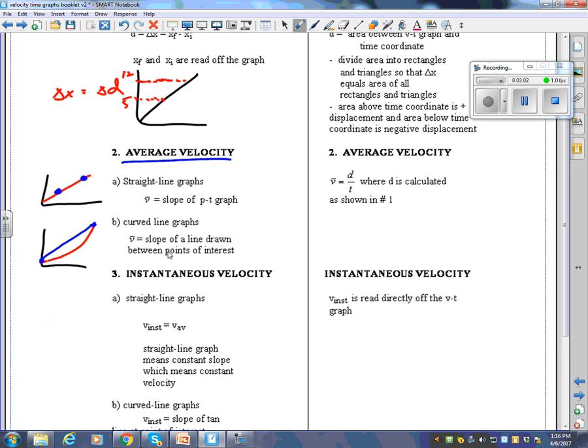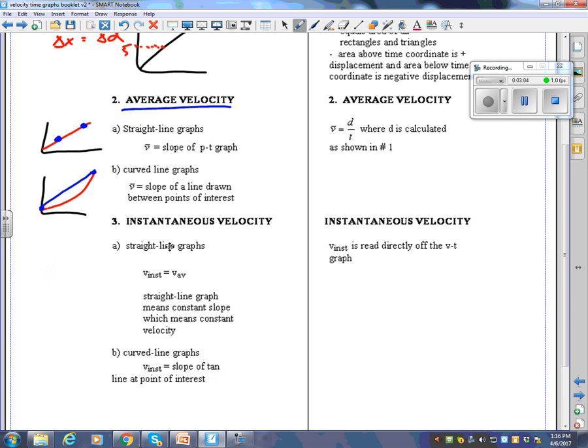What if you're on a position time graph and you're talking about instantaneous velocity and it's a straight line graph? Instantaneous velocity is a slope. Instantaneous is at a single point, so you find the slope using any 2 points, because it's a straight line graph.